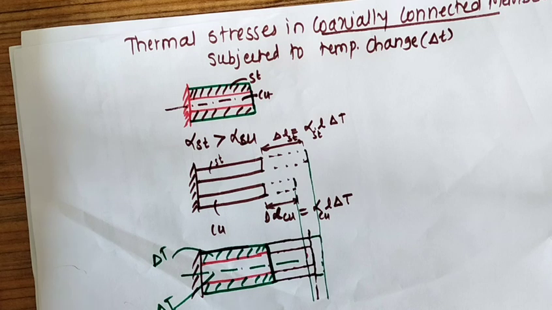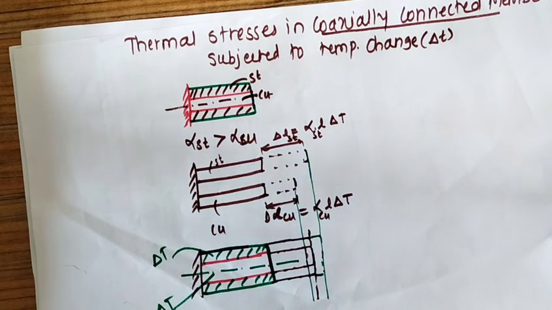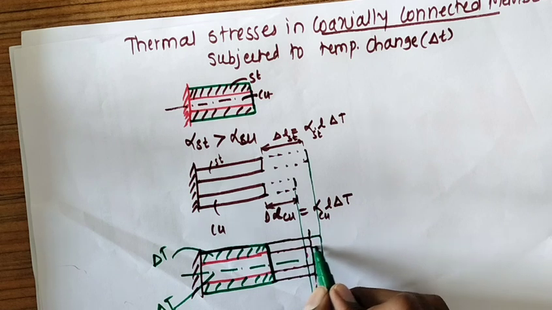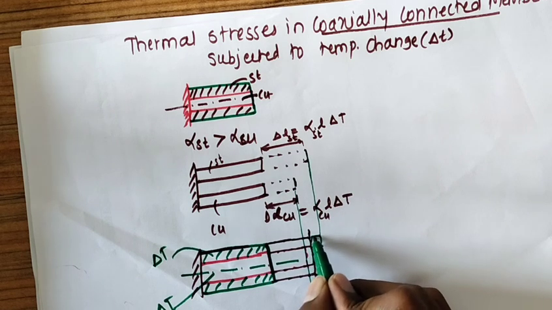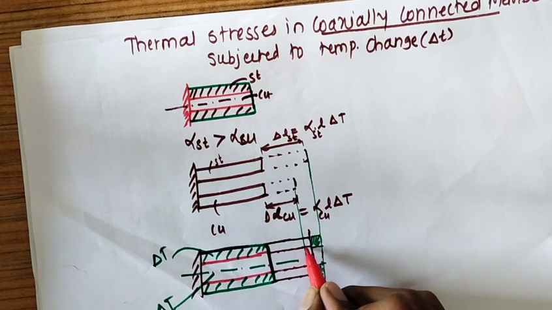If you observe carefully, what happened here? The expansion of steel is reduced by this much amount. This was expected, so this is the prevented expansion. While you can see here also, copper is expanded by more amount, this is the additional amount it expands.